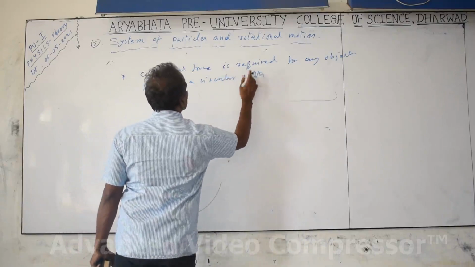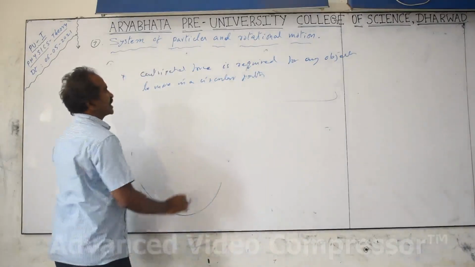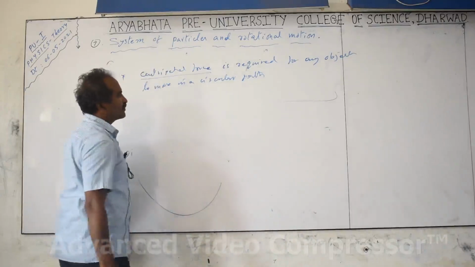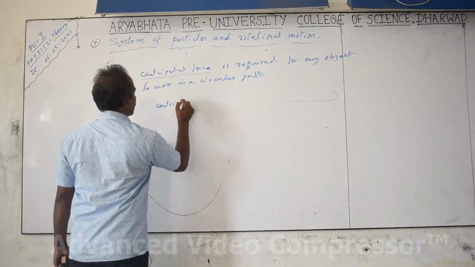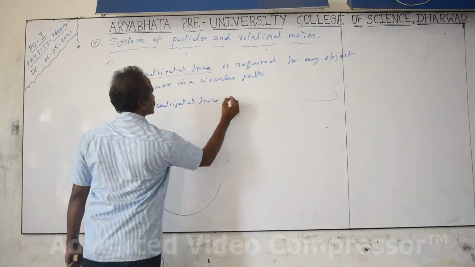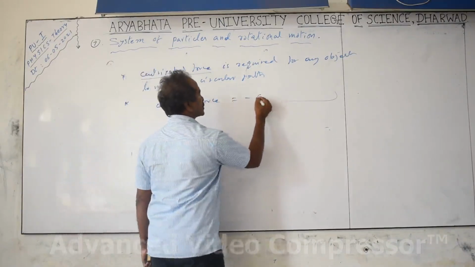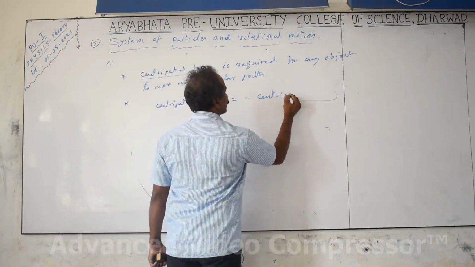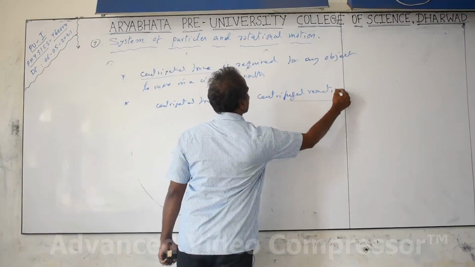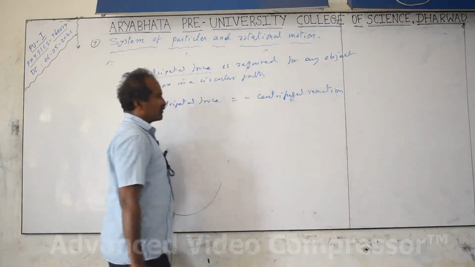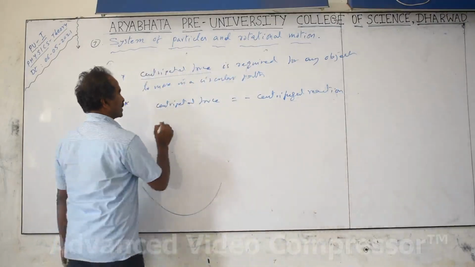If a circular path is continuously maintained, it means the centripetal force is balanced by centrifugal reaction. Centripetal force is equal to minus centrifugal reaction. Both are equal and in opposite directions.